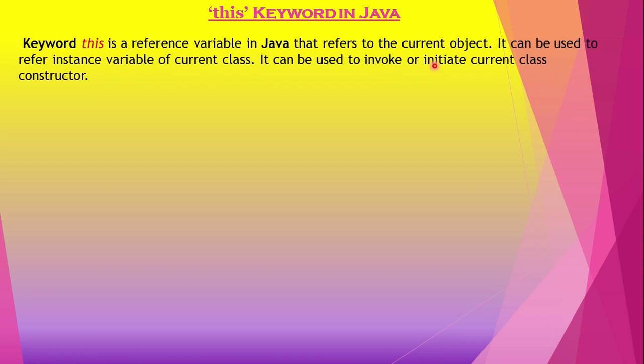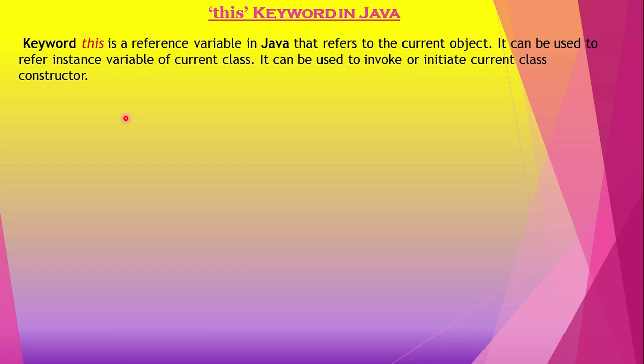Now we are going to see the this keyword in Java. This keyword is very important in terms of definition, and questions can come from this keyword. So learn the definition. This keyword is a reference variable in Java that refers to the current object. It can be used to refer to instance variables of the current class.